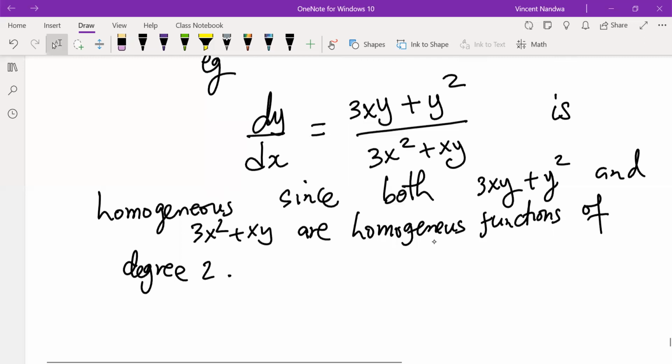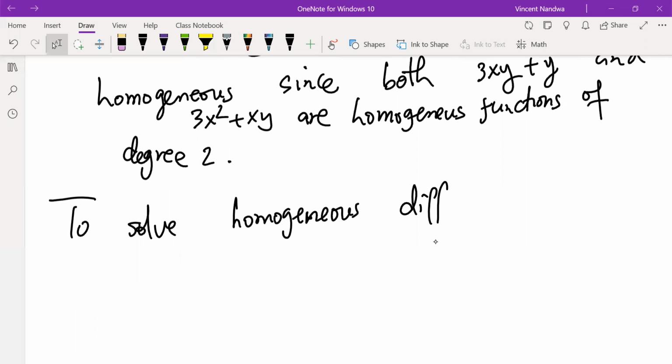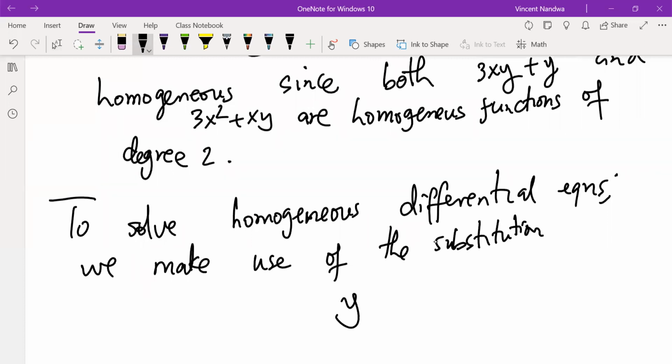So to solve homogeneous differential equations, we make use of the substitution y equals vx.